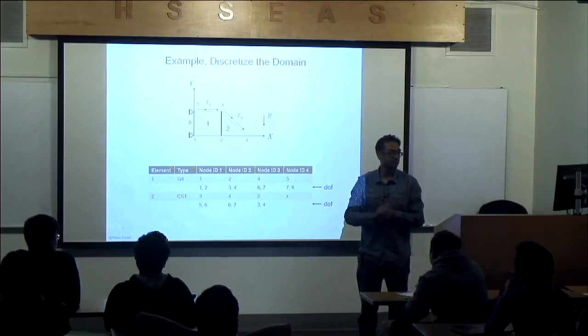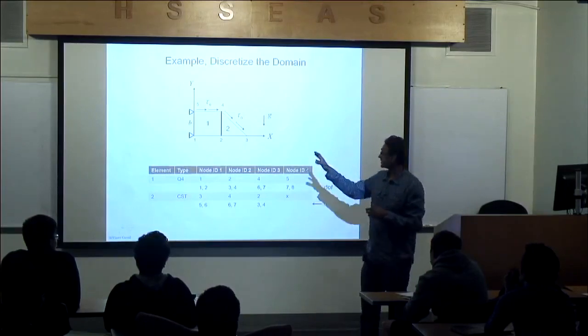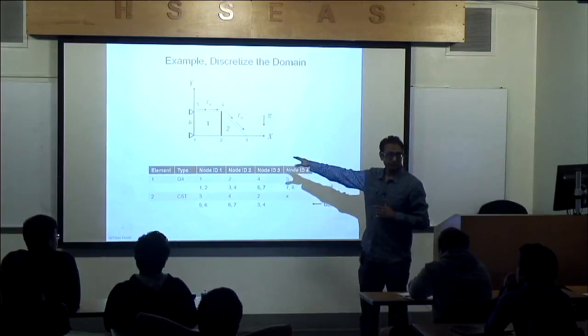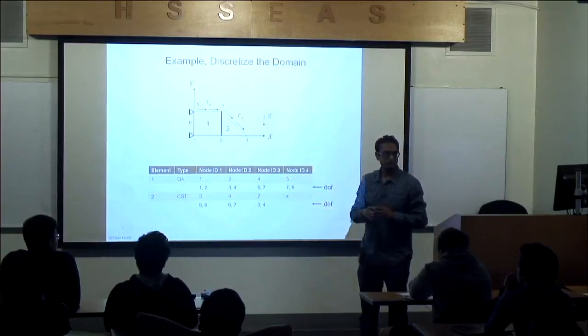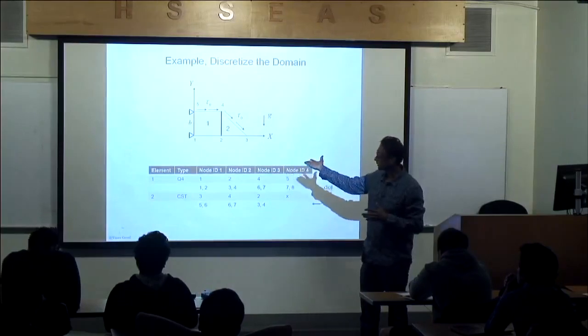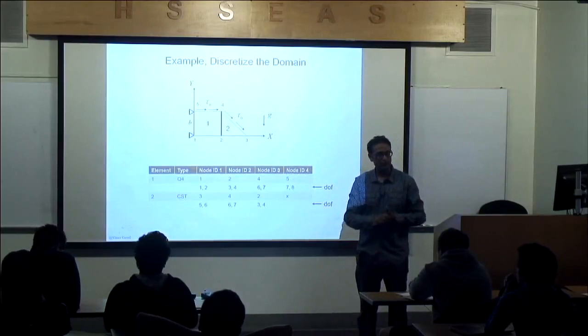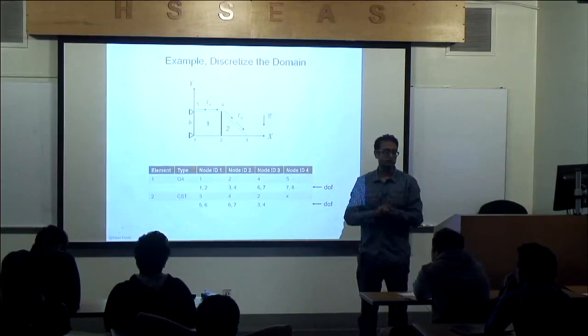I just need 2 elements to teach you the concept. If I were to do this analysis, the answers I would get out of this are inadequate. I really need a large number of elements to get the behavior correctly. But for illustration purposes, I'm just doing 2 elements.